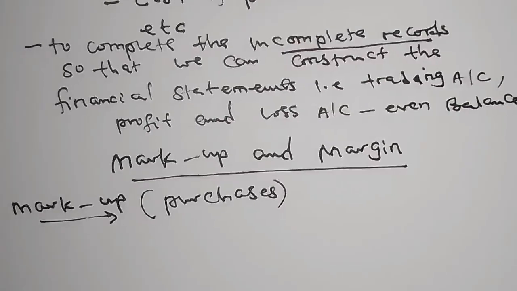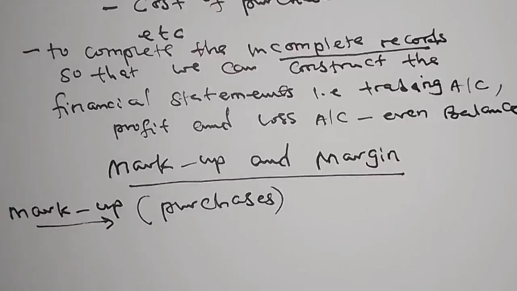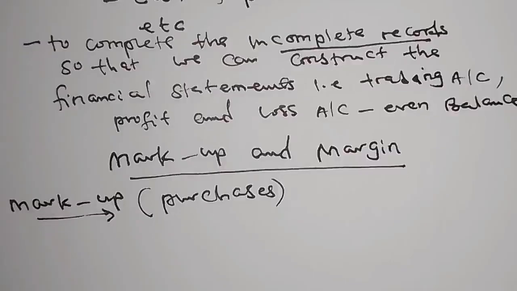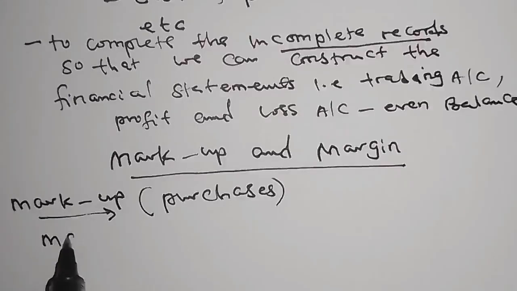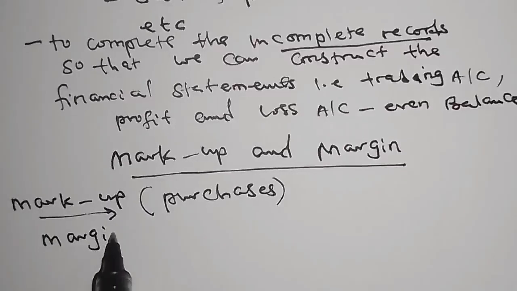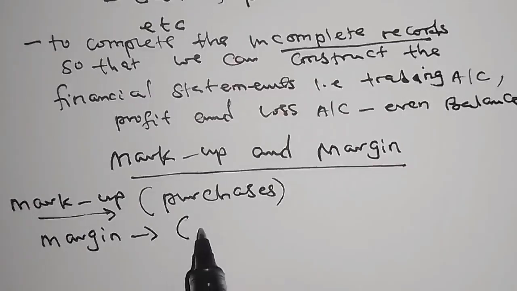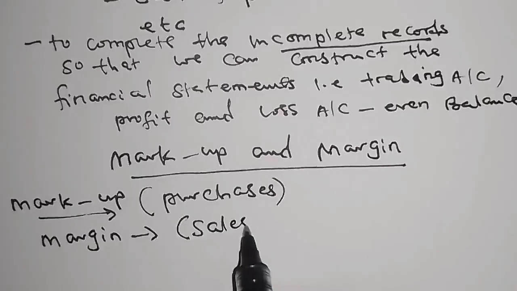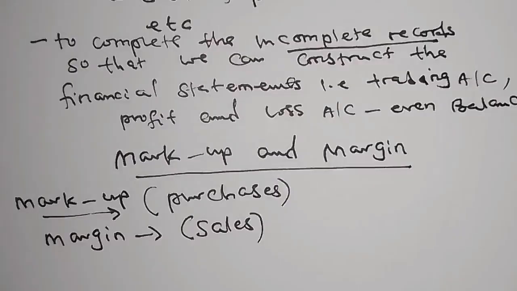As the owner of the business, you tend to purchase stuff from different suppliers so that you can make a profit. And the margin has to do with the sales. So how much profit are you making per sale?